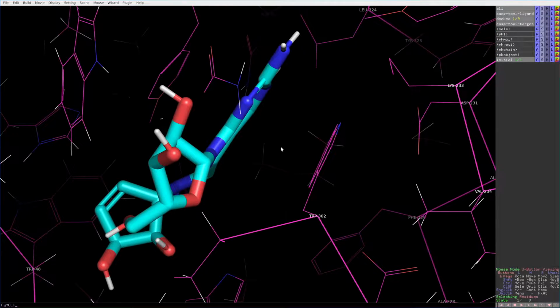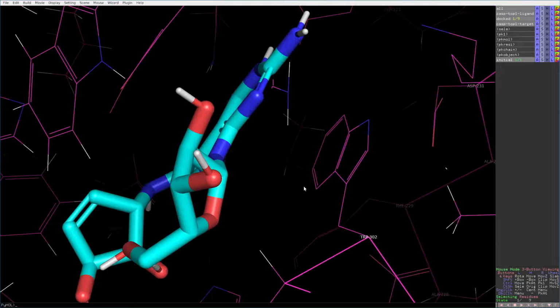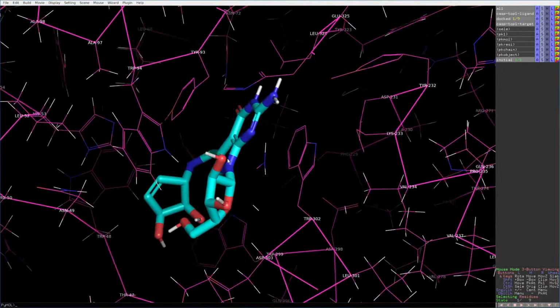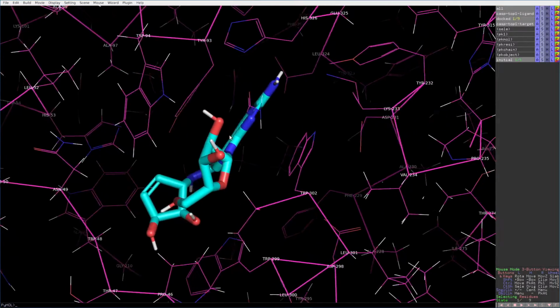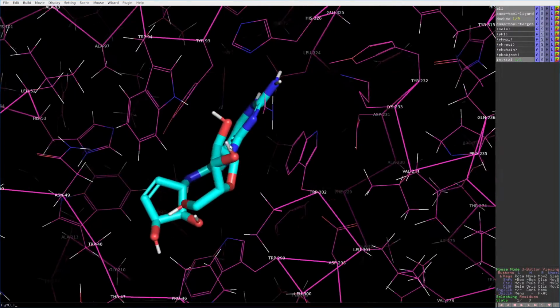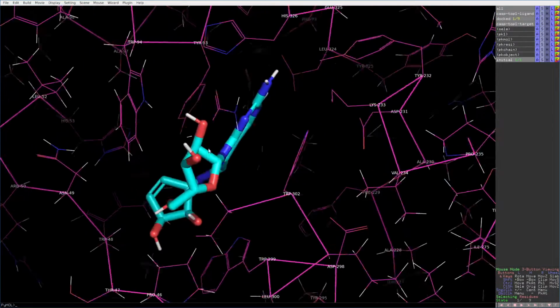So there's this tryptophan here, and another tryptophan there, and a tyrosine, so it's hydrophobic. This does have the hydrogens on there.